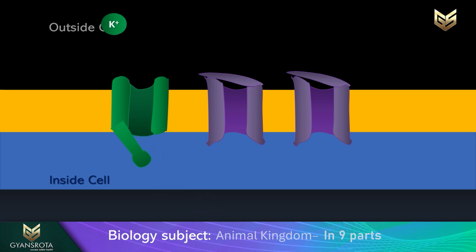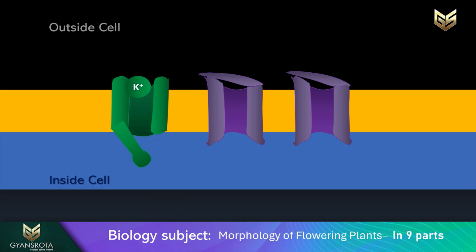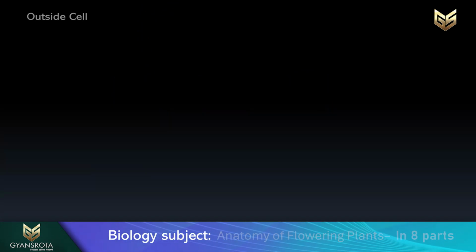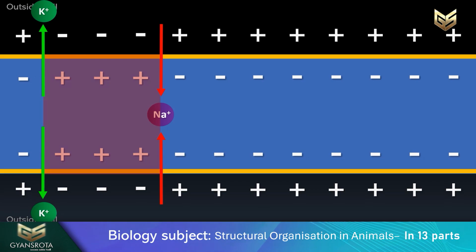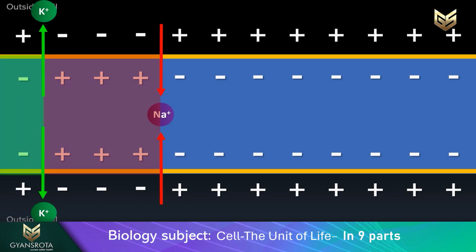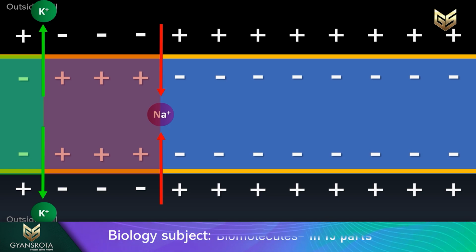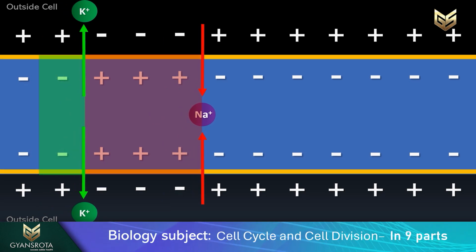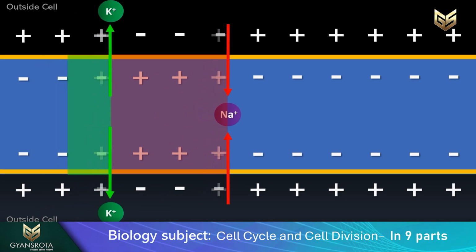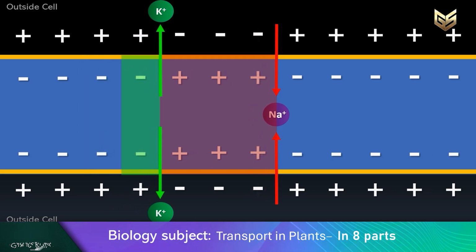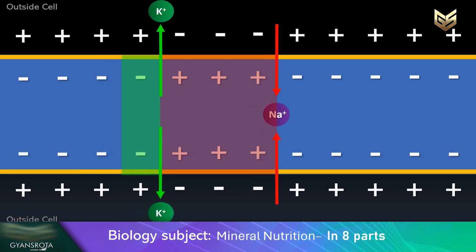These changes occur behind the action potential. To restore the resting membrane potential, the voltage gated sodium channels close and the voltage gated potassium channels open. This allows a rapid flow of potassium ions out of the cell, repolarizing the membrane so that the inside is again negative and the outside is positive.